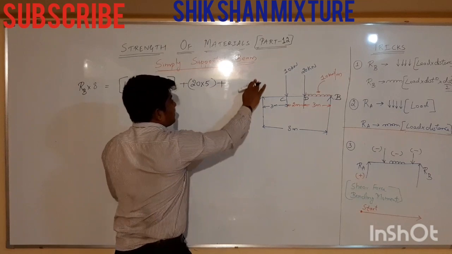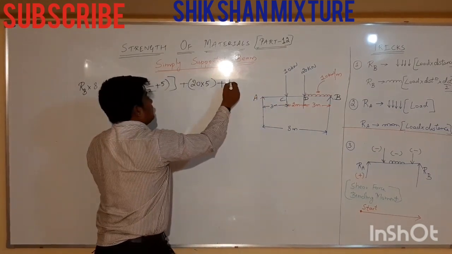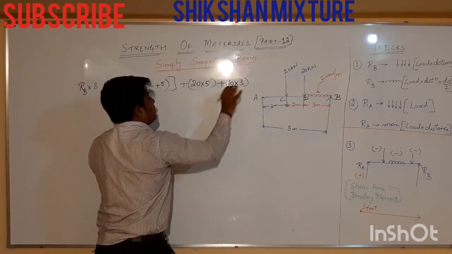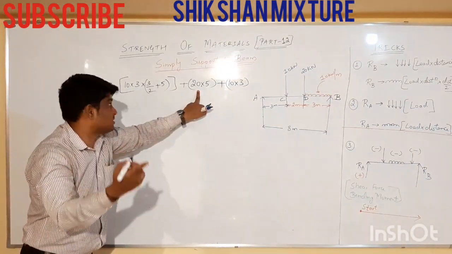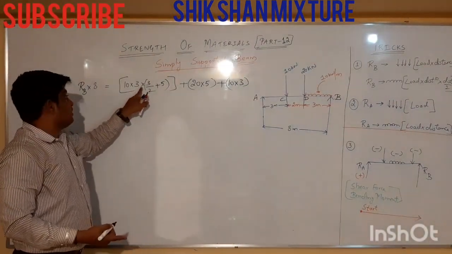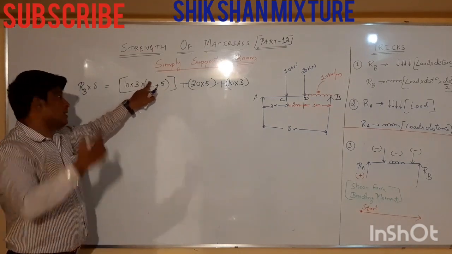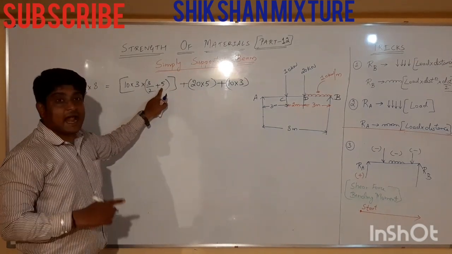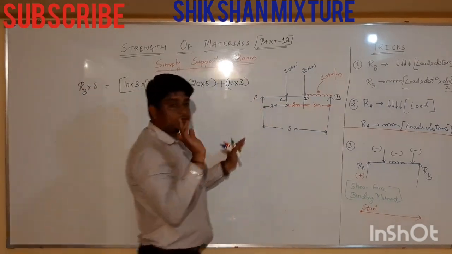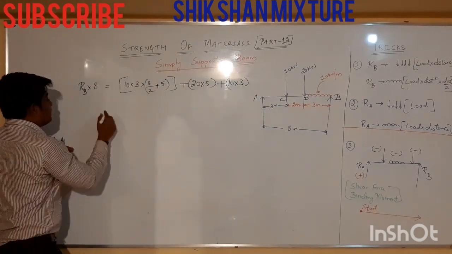Next, one more load is there, 10 into 3. If point load is there, you only need to multiply by the distance. If UDL is there, multiply by the distance, then divide it by 2. We are taking towards A, so you need to add this distance. Fine. Next, we calculate this one.